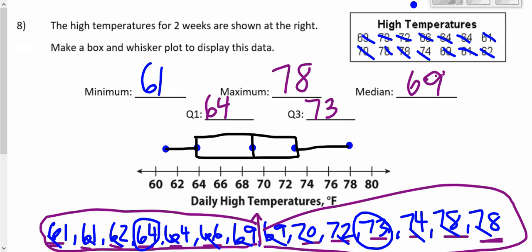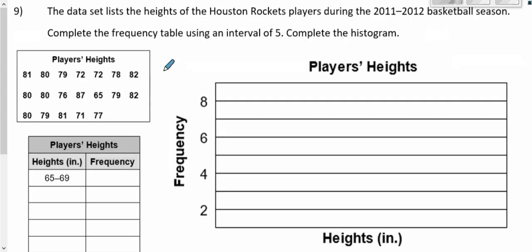All right. Last one on the study guide. So we have the data set list the heights of the Houston Rockets, or Houston Rockets. It's Houston County, Houston, Texas. Anyway, players during the 2011-2012 basketball season. Complete the frequency table using an interval of 5.